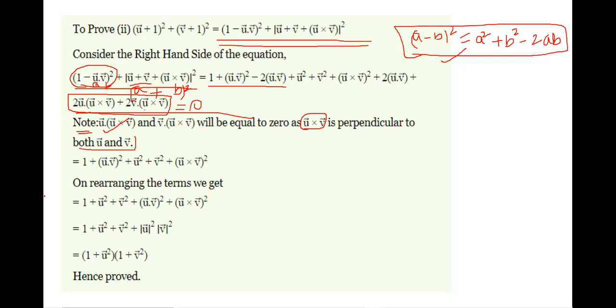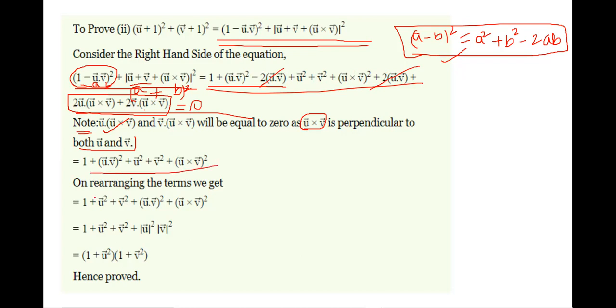So we will be left with only this particular equation, that is 1 plus, and we will just rearrange the terms here: (u vector dot v vector) the whole square plus u square plus v square. Here minus 2 and plus 2 will get cancelled, so we have (u cross v) the whole square. We have got this equation.